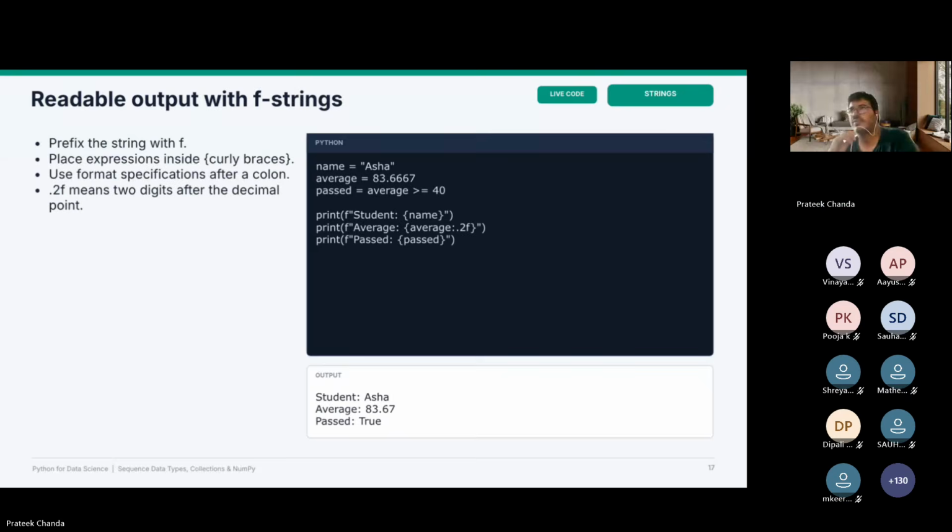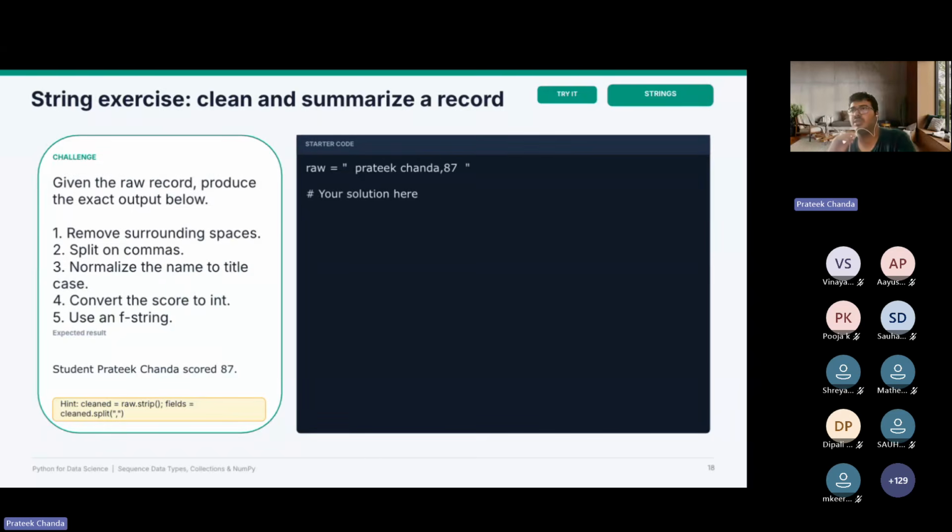Going to a small exercise here, let's try it out a bit. Given this raw record, my name and then 87, you want to remove the surrounding spaces, split on the commas, and normalize the name to title case.